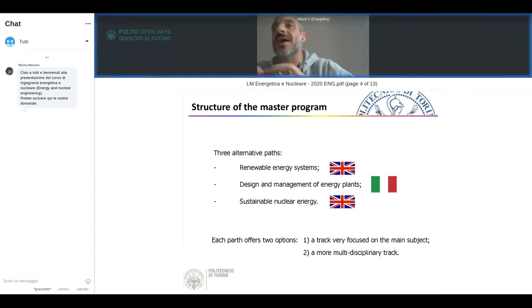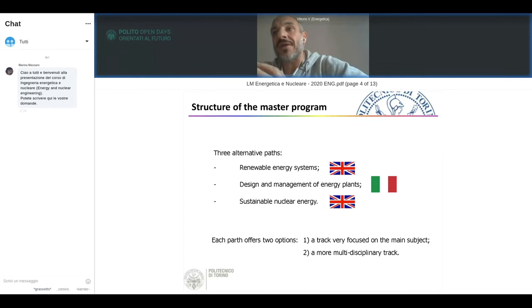So this is a small difference in terms of credits you can gather during your career. There is a track which is strictly focused on the main subject. Let's say, if you consider, for instance, renewable energy, this means that most of your courses will be focused on renewable energy.